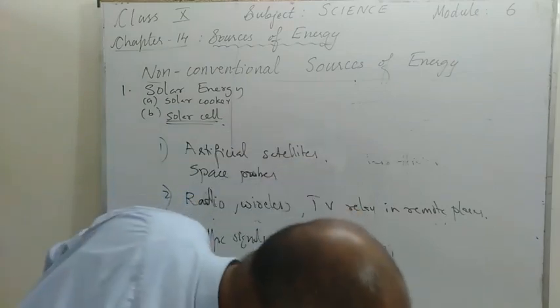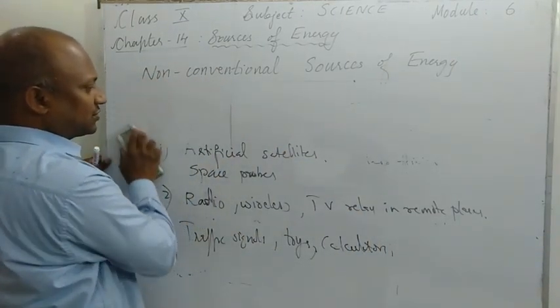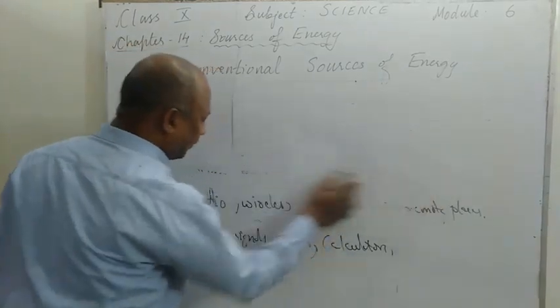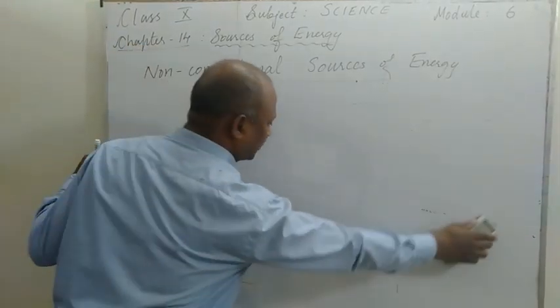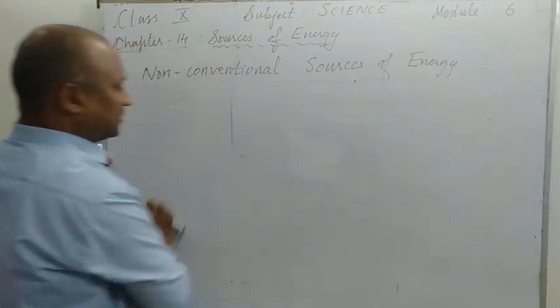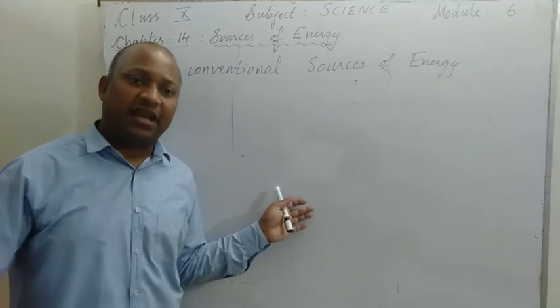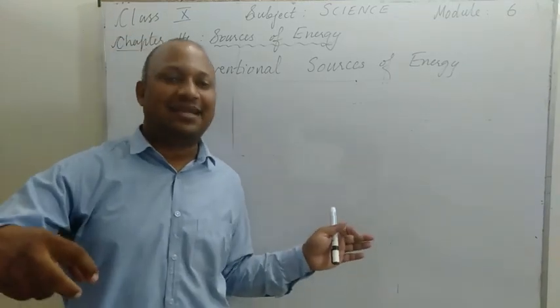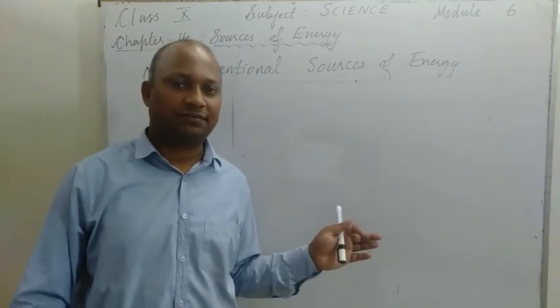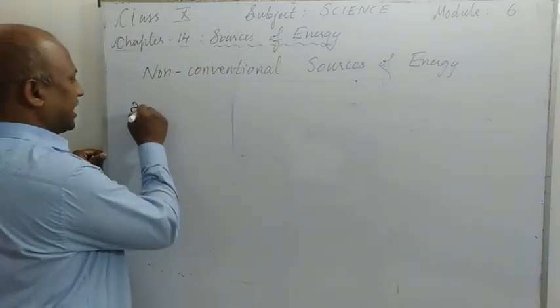Solar energy is actually a very good non-conventional source of energy with less pollution or no pollution at all. But the devices which make use of this, when they are made in the industries, may cause pollution up to some extent.